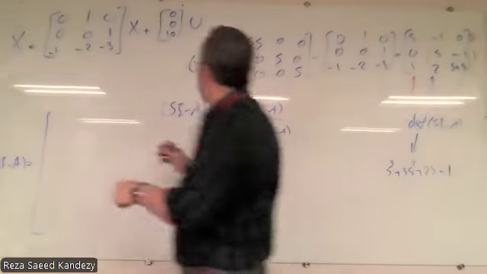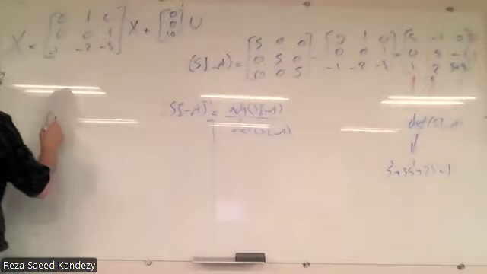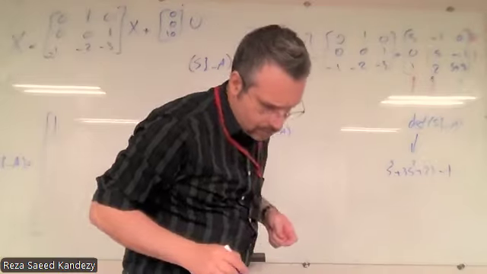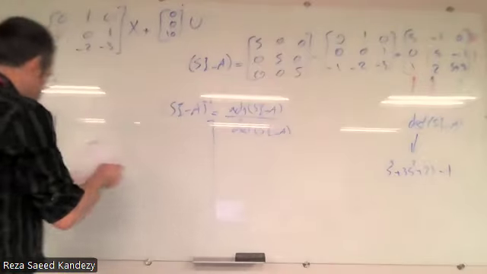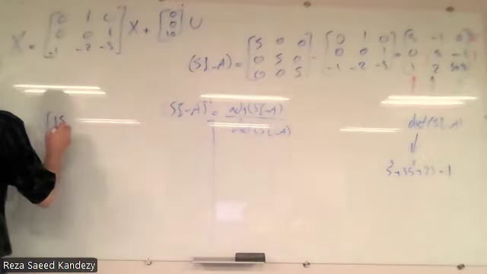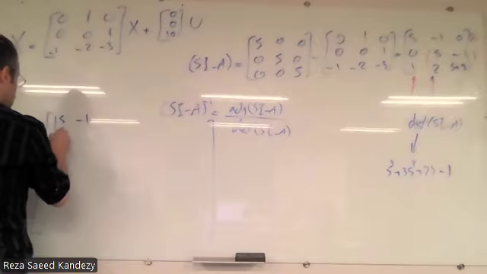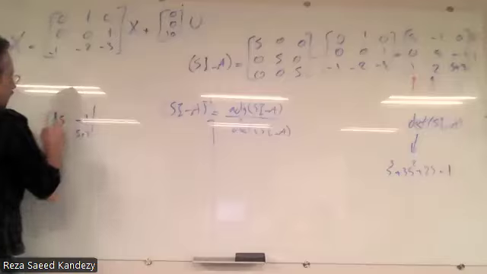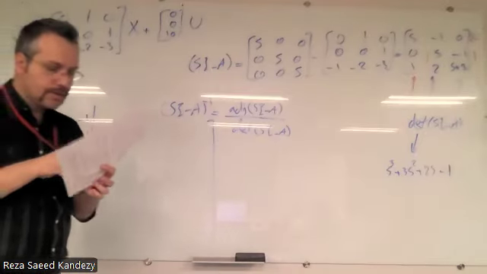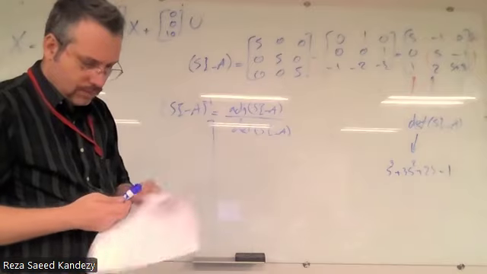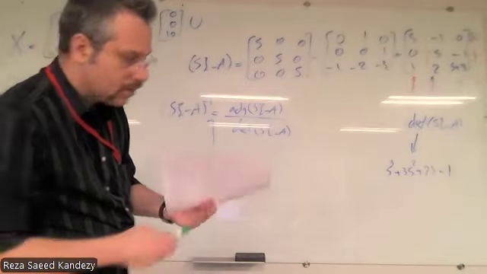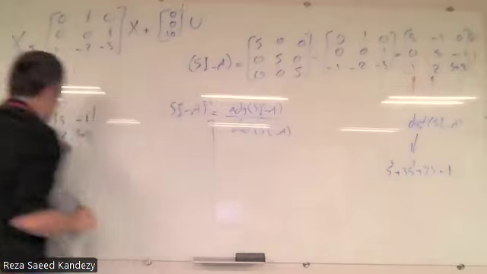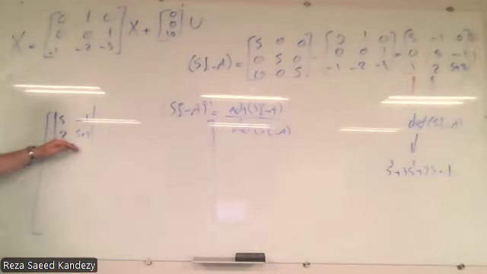So it's going to be the determinant of S, minus 1, 2, S plus 3. Okay. Now the second component is going to be, this is component 1, 1, right?